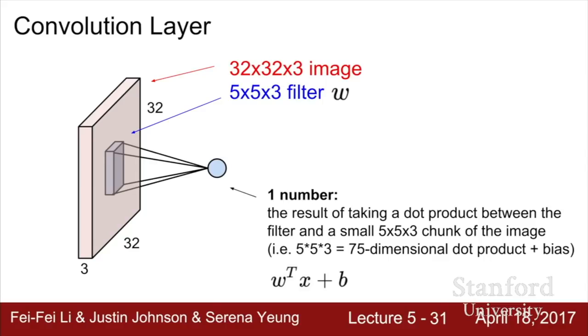And then this is going to give us a dot product. So in this case, we have 5 times 5 times 3 multiplications that we're going to do, plus a bias term. This is basically taking our filter W and doing W transpose times X plus bias. So is that clear how this works?